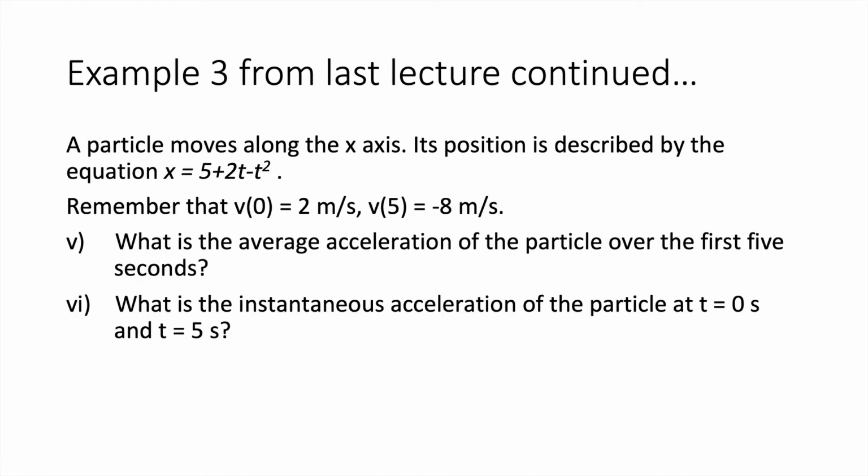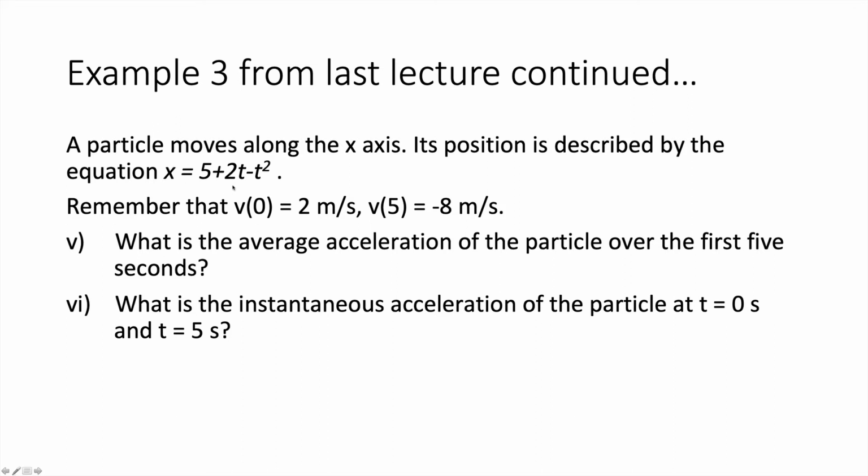So let's continue a bit with this question that we did in the last lecture. We calculated the instantaneous velocity at t equals 0 and at t equals 5. We're considering a particle moving along the x-axis, and we've got its position described here.